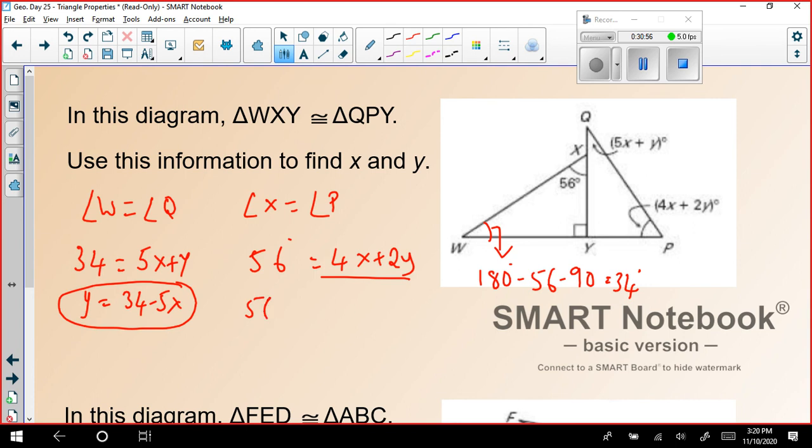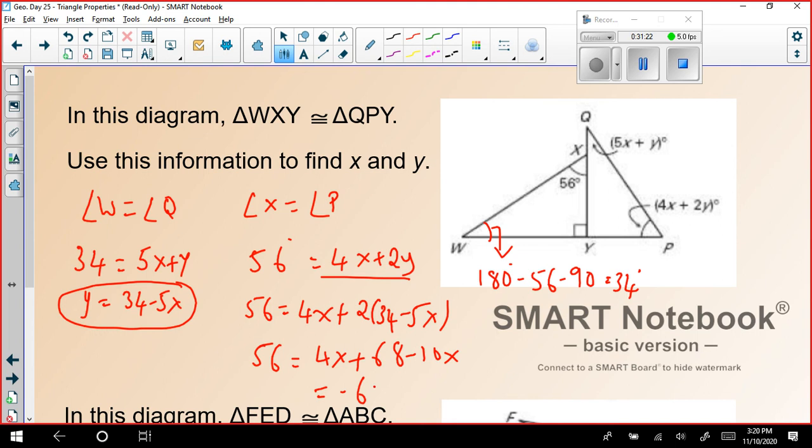So I'll have 56 equals 4x plus 2 times (34 minus 5x). 2 times 34 is 68 minus 10x, and here I have 4x. 4x minus 10x gives negative 6x plus 68 equals 56. Subtract 68 from both sides to give negative 12 equals negative 6x.